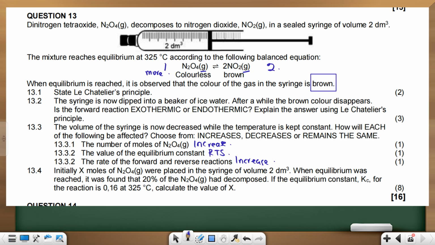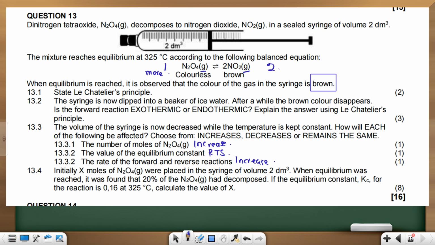Good. Now, this is the real thing. 8 marks. The real McCoy. Initially, X moles of N2O4 are placed in a syringe of volume 2 dm³.